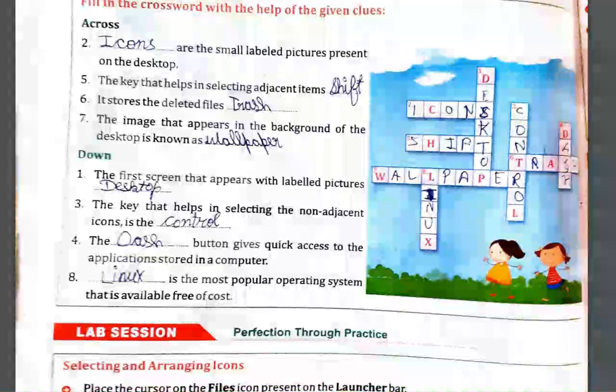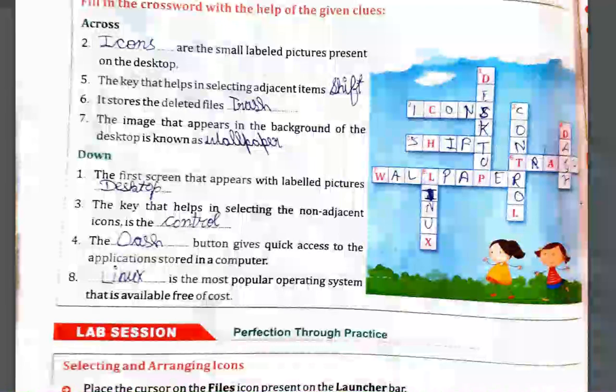The first screen that appears with the labeled pictures is called desktop. The key that helps in selecting non-adjacent icons is called Control. The dash button gives quick access to the applications stored in the computer. Dash is the most popular operating system that is available free of cost: Linux.